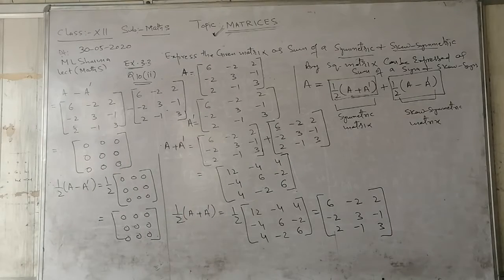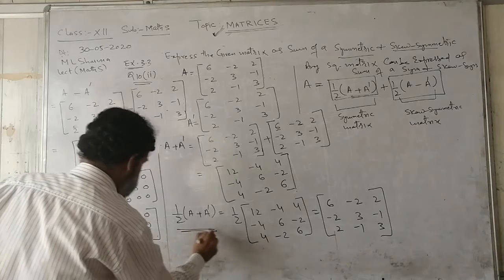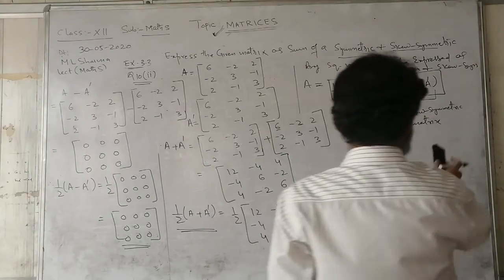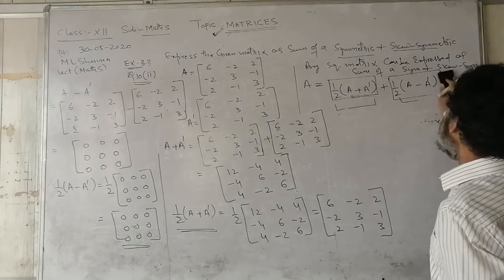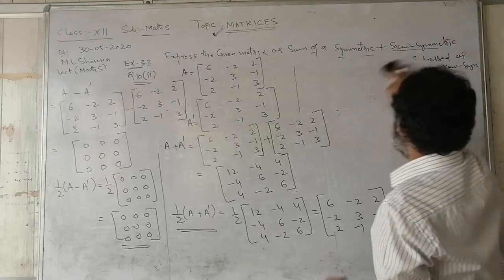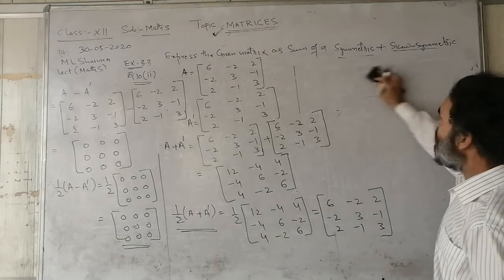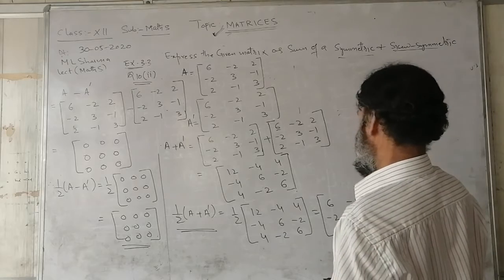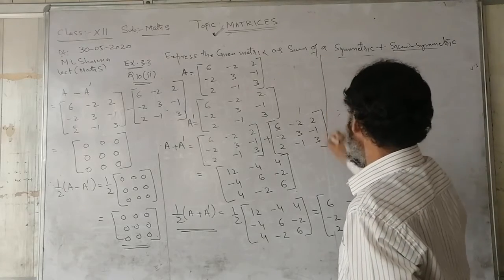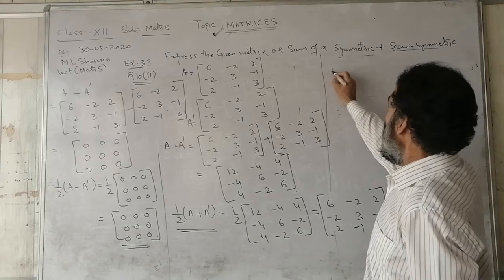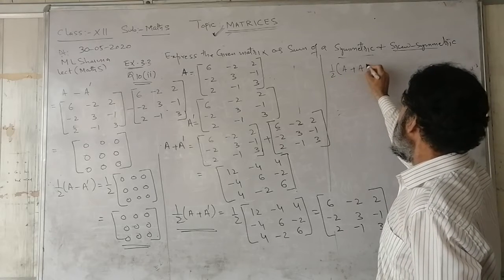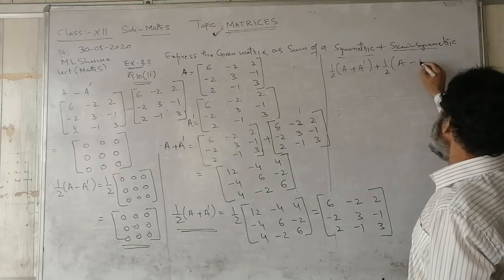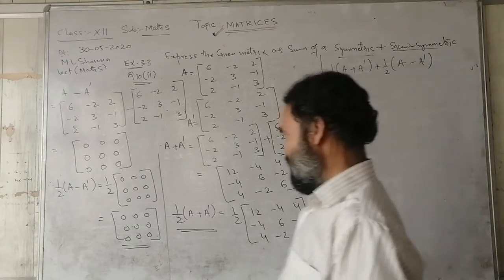Now I will add this to this. Half A plus A transpose and half A minus A transpose, both values I have calculated.